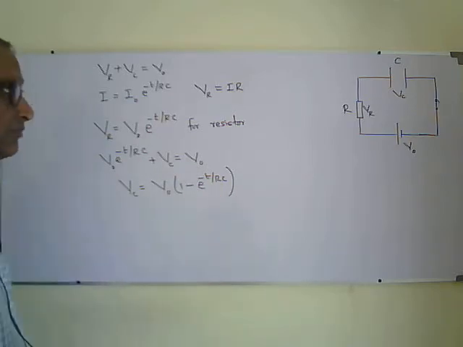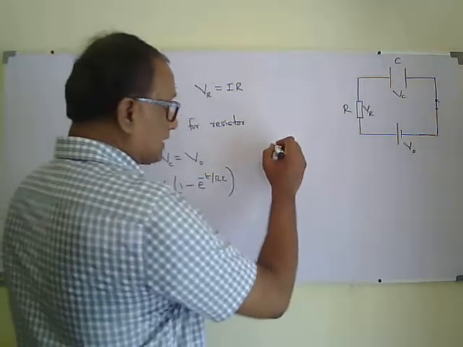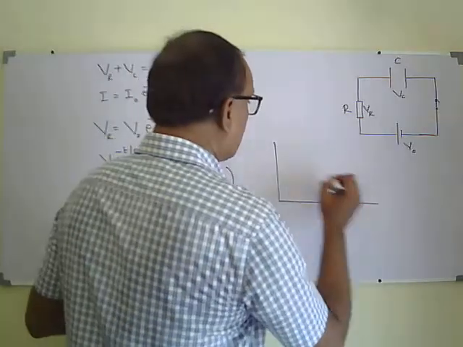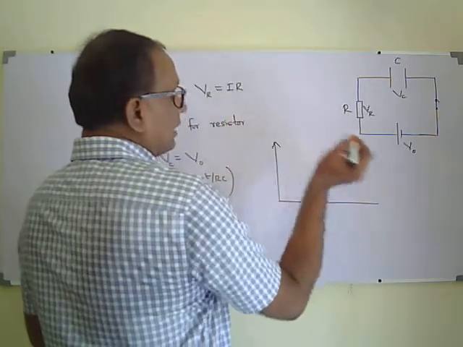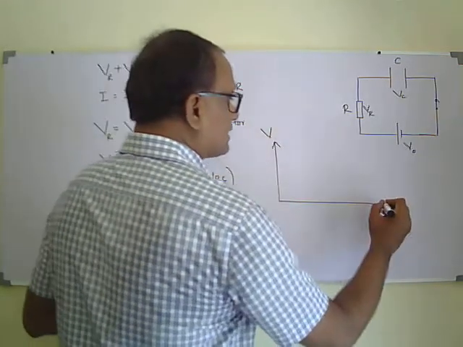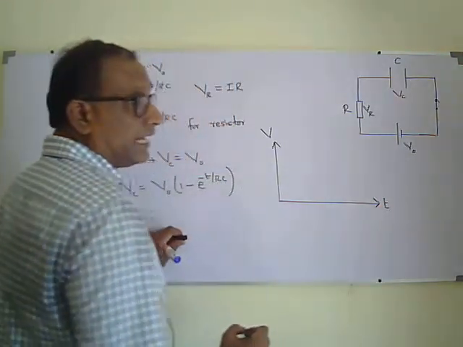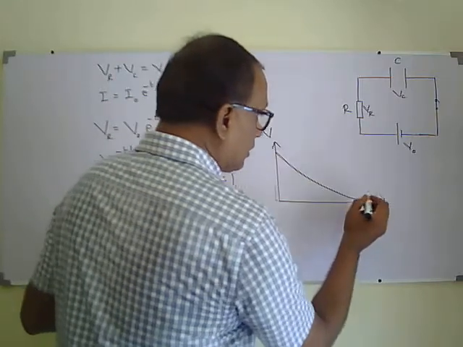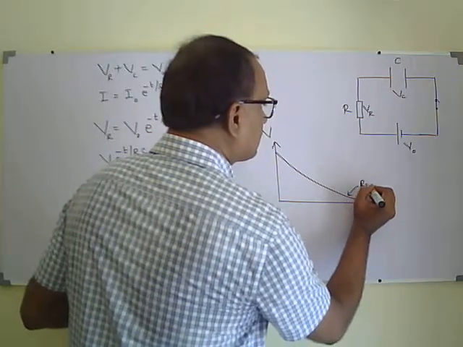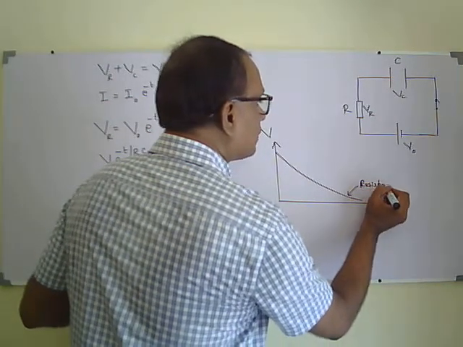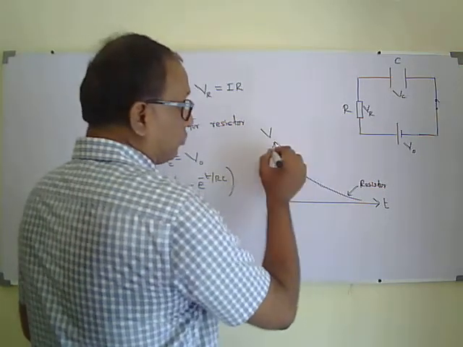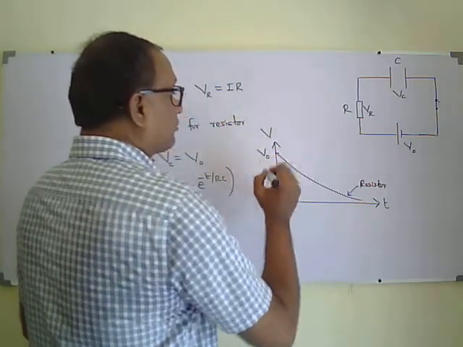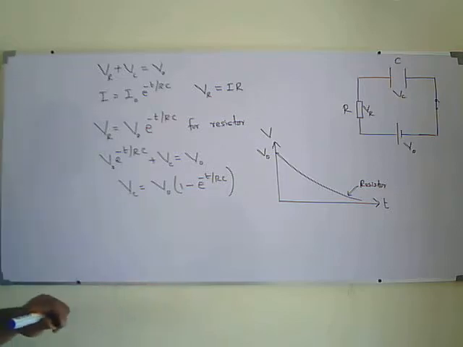If I plot a graph for the voltage across the resistor, this is voltage, this is time. For the resistor, it's going to be an exponentially decaying graph. This is for the resistor. And this is the initial voltage, that's the EMF of the DC power supply.